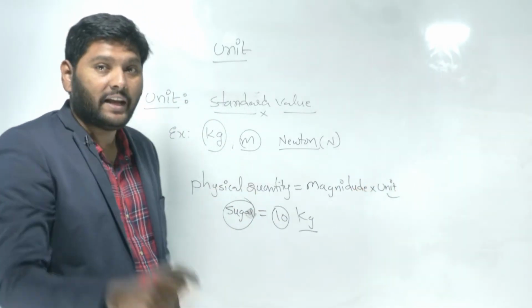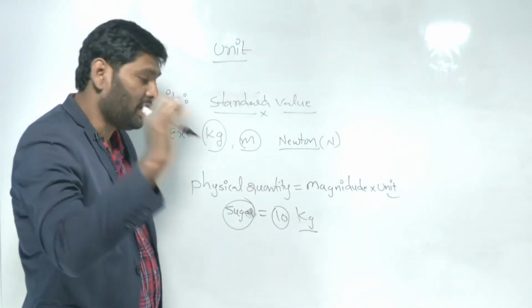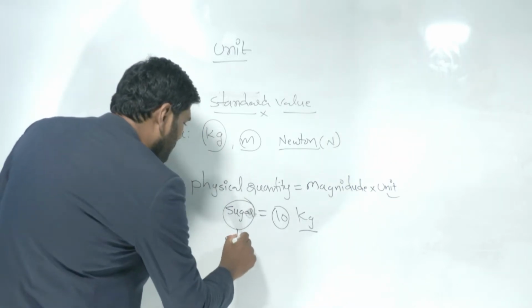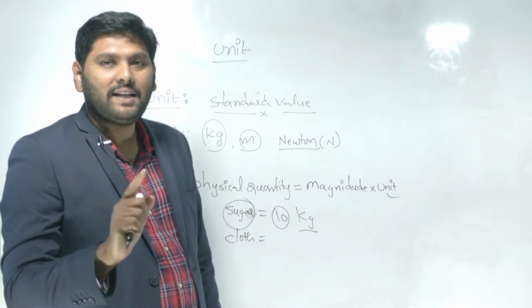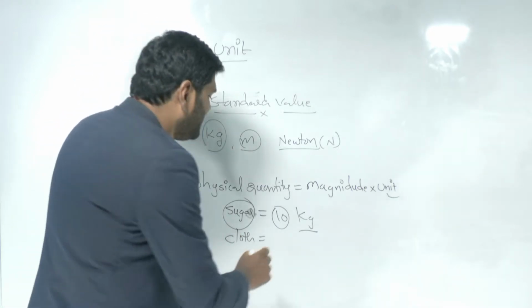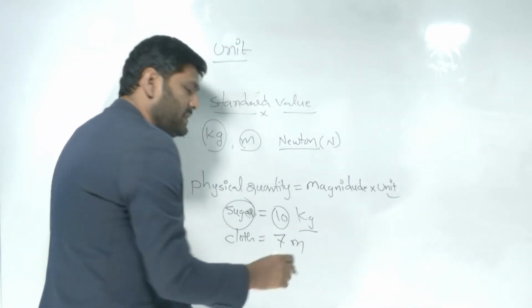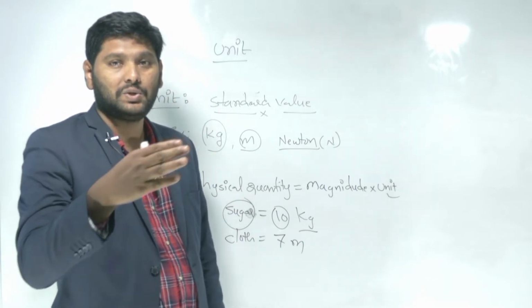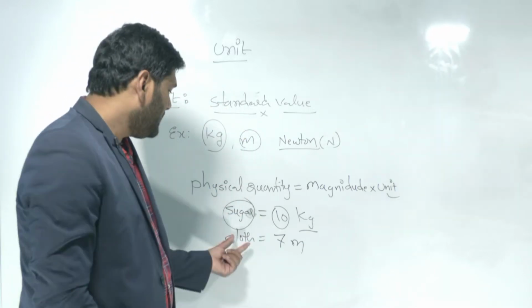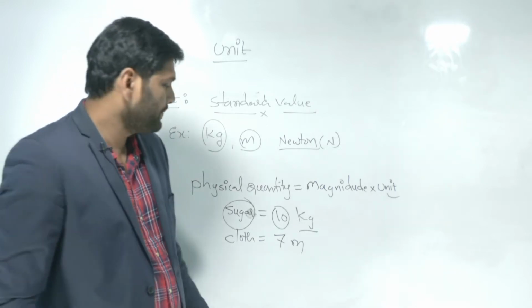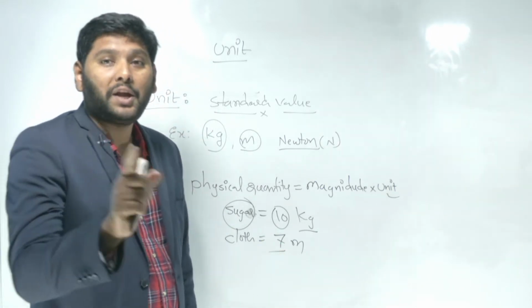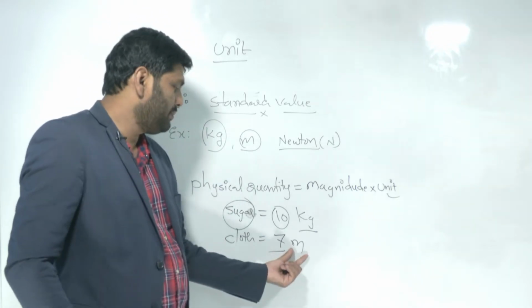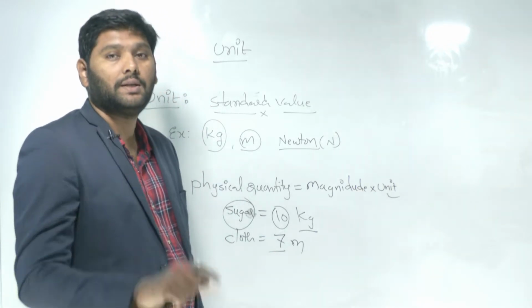I will take one more thing, cloth. How do you ask for the cloth here? Let me take 7 meters. You ask the shopkeeper for 7-meter cloth. Here cloth is a physical quantity, this 7 represents the magnitude and this meter represents the unit.